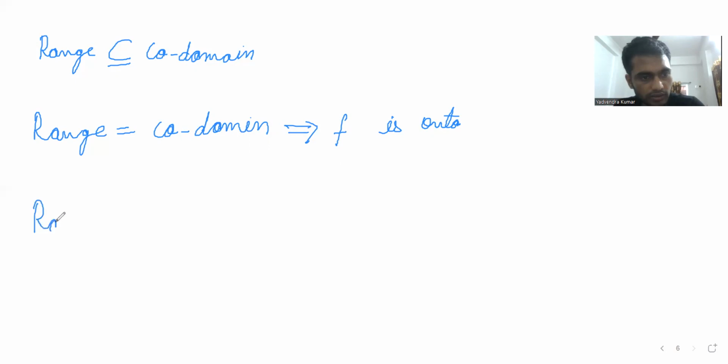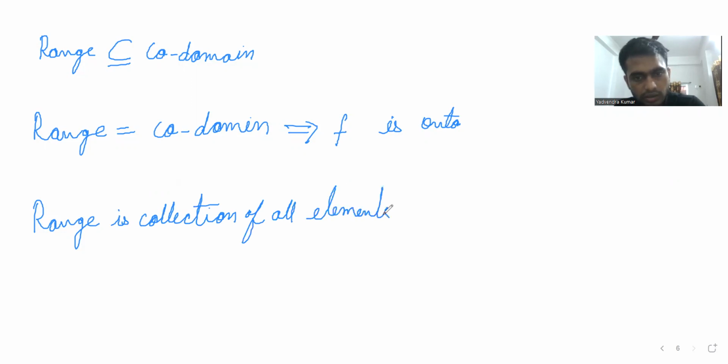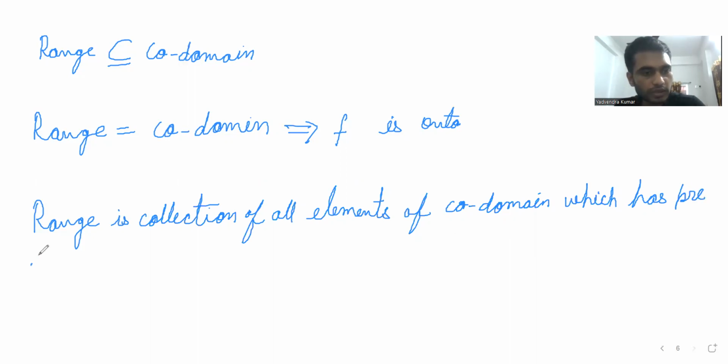So we can also define range in words: range is the collection of all elements of codomain which have a pre-image. That is the definition of range.